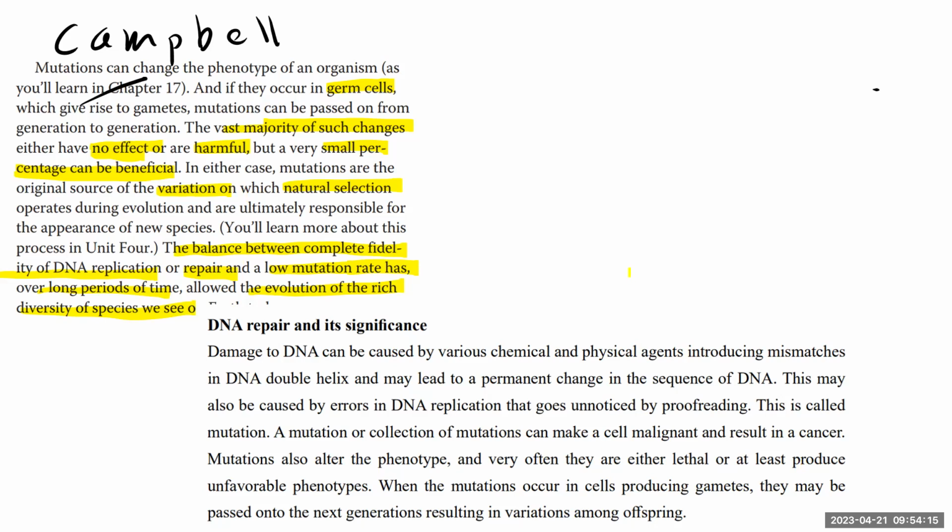Now we're going to the resource book part, what they are going to say. Mutation or a collection of mutations can make a cell malignant and result in cancer. Now, the first priority is not the cancer, because the effect of cancer mutation is a later stage process.